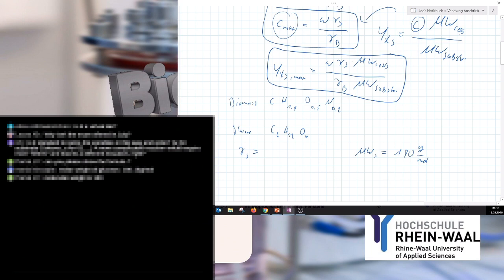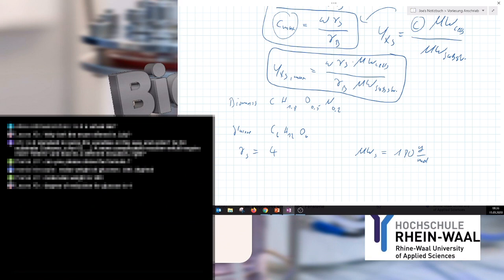And the degree of reduction of our substrate is still missing. Yeah, perfect. So the degree of reduction of our substrate is 4. You add the amount of available electrons: 6 times 4 plus 12 minus 6 times 2, divided by 6.